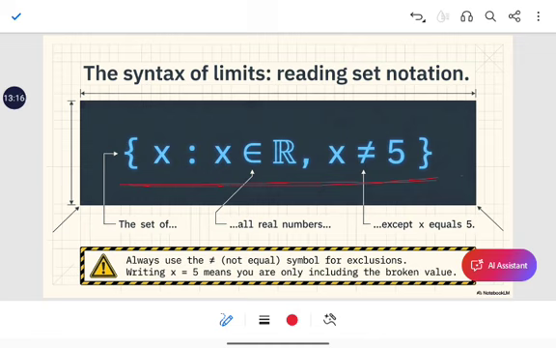Okay, so always use this not equal to symbol for exclusion. All right, we want to write a notation. We found out that if x is equal to 5, a function will be undefined.